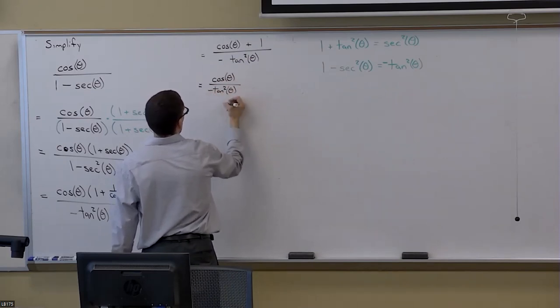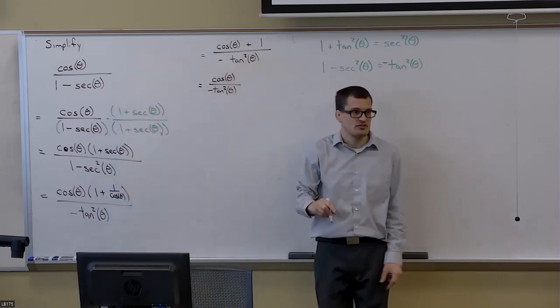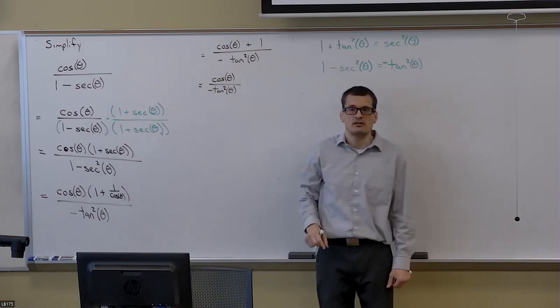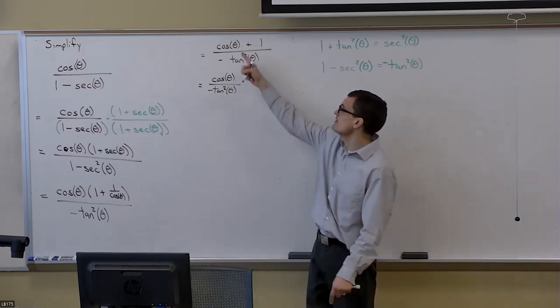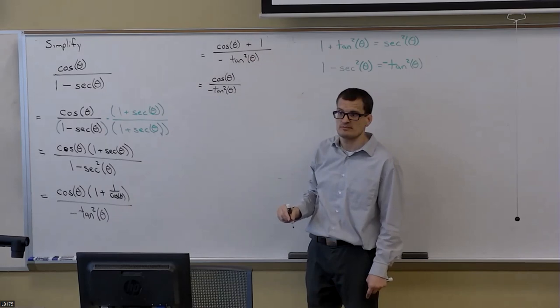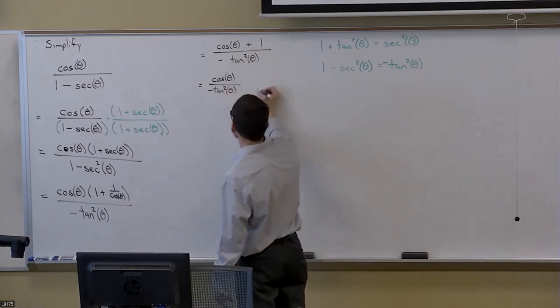The reason I like writing it this way, sorry, this whole process is just so I can do this. Now I have one expression on the bottom, and now I can divide anything on top by that one expression on the bottom. Right? So cosine theta can get divided by negative tangent squared.